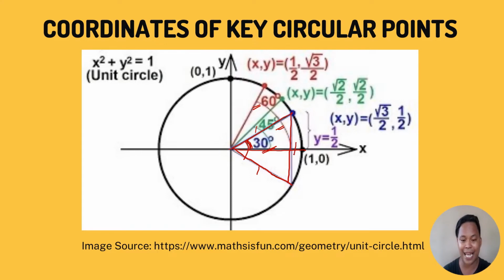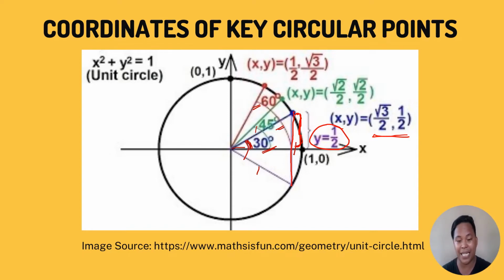Therefore, each side of this equilateral triangle is equal to 1. Since this side is bisected by the positive x-axis, therefore, this length is equal to 1/2, which represents the value of y. So, there we got the values square root of 3 over 2 and 1/2.